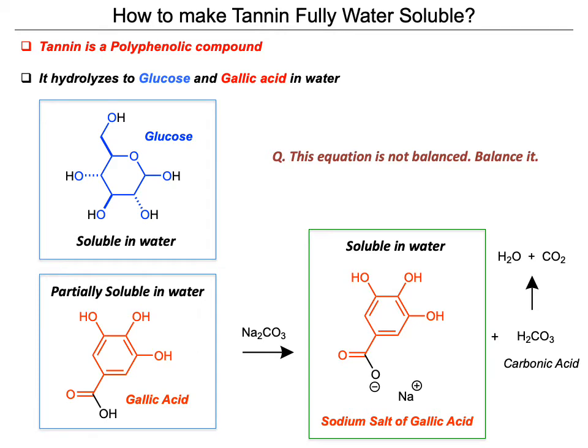As we mentioned earlier, tannin is decomposed into two products, and both are soluble in water. One is glucose and the other one is gallic acid. Gallic acid reacts with sodium carbonate, and we have the sodium salt of gallic acid.